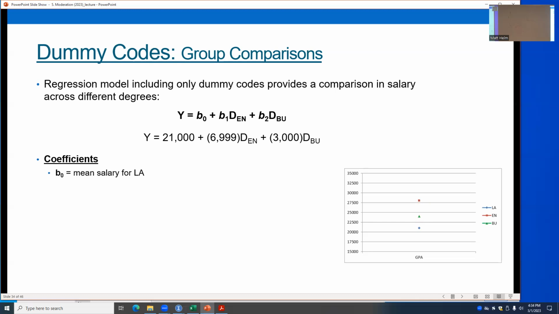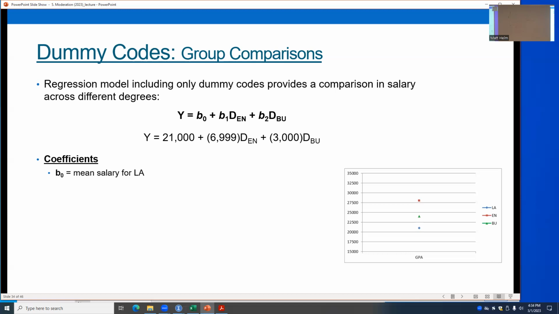If I put in 0 for engineering and 0 for business, who am I talking about? Liberal arts folks, right? And if I put in a 0 here, this goes away, 0 here, this goes away. I'm left with my intercept. This is just the expected value of y when everything else is held constant at 0, and that's my folks with liberal arts, right?